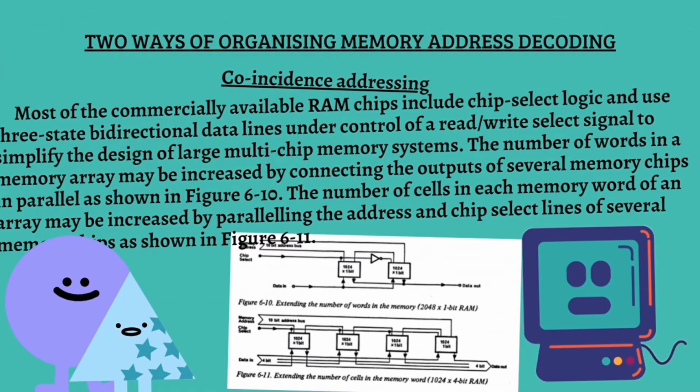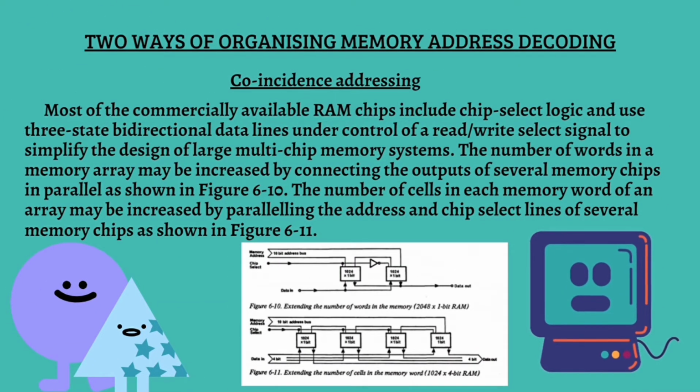Most of the commercially available RAM chips include chip select logic and use three-state bidirectional data lines under control of a read or write select signal to simplify the design of large multi-chip memories. Memory systems.